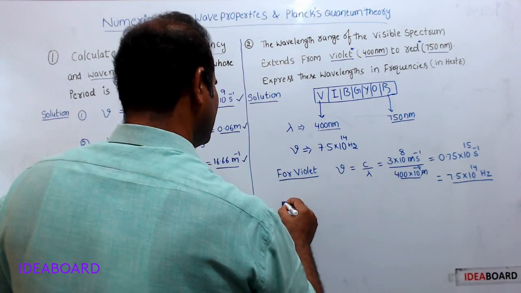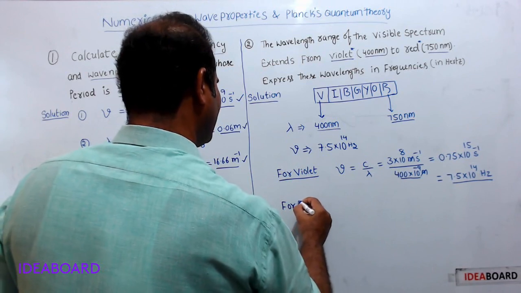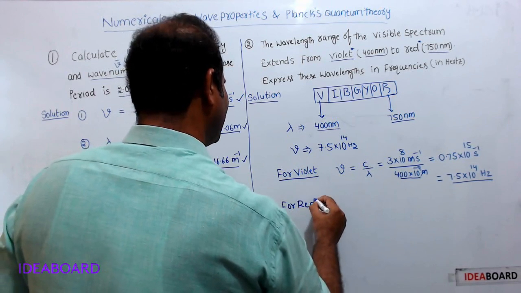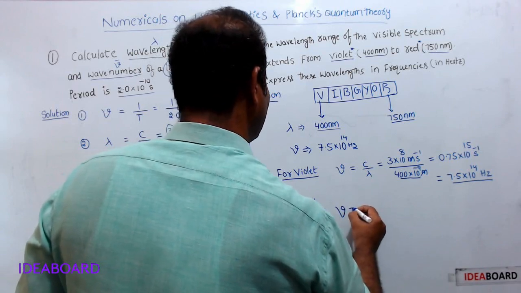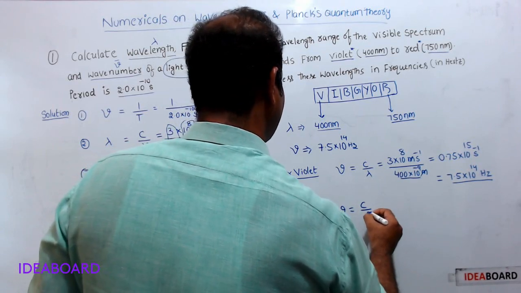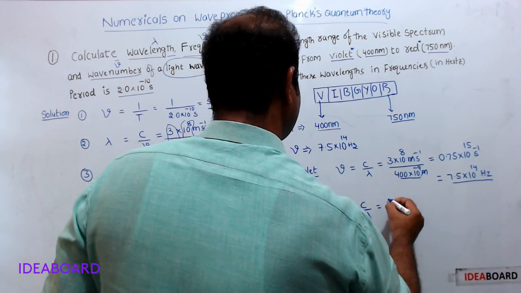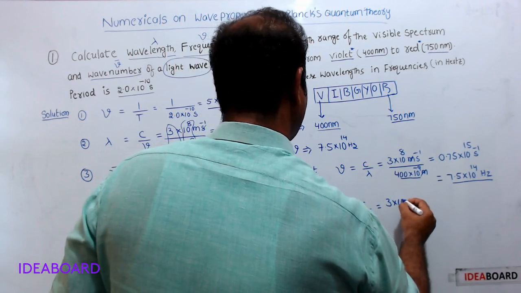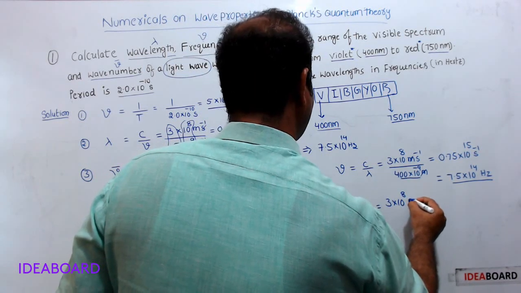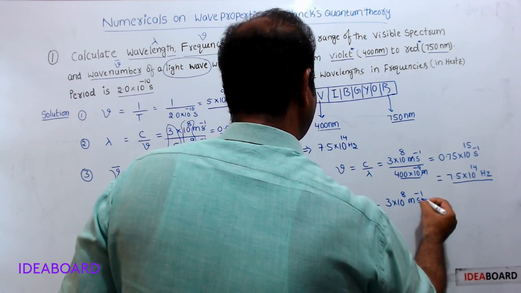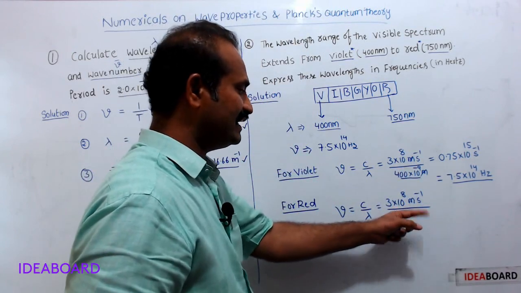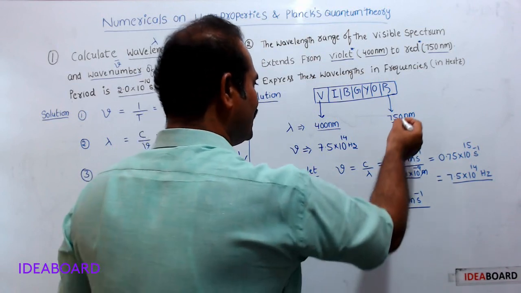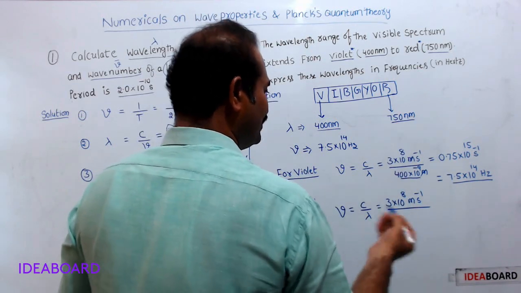For red light, same as before, nu is equal to c by lambda, that is c, 3 into 10 power 8 meters per second, divided by the lambda value. Here the light velocity is expressed in meters per second, therefore lambda should be expressed in meters.